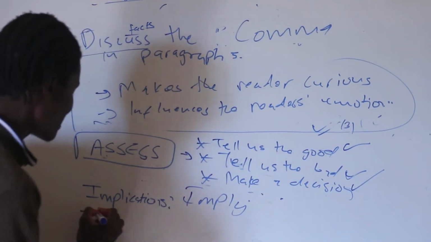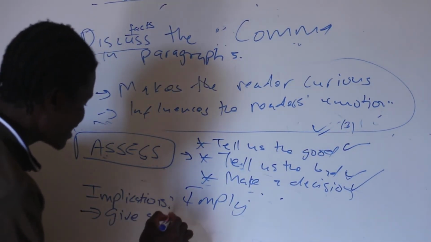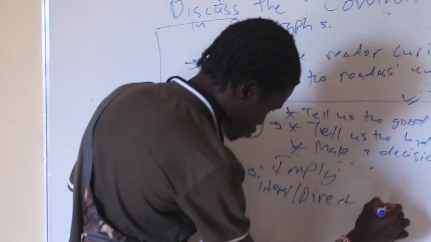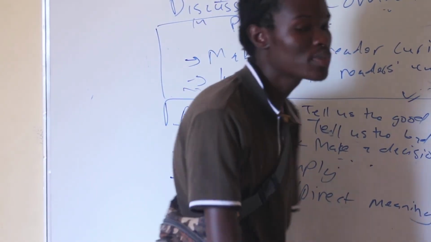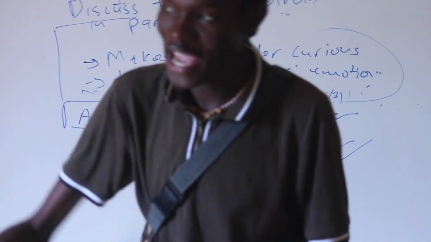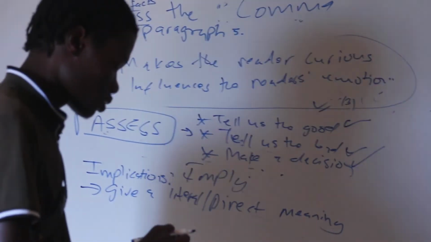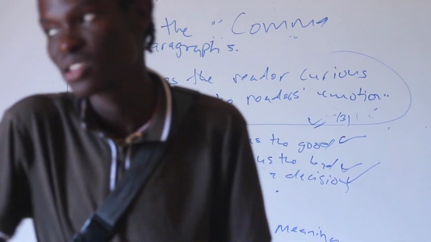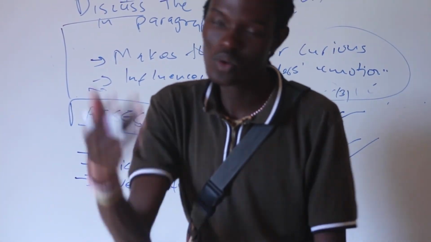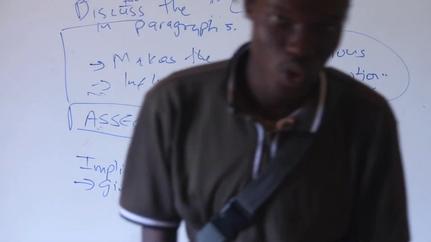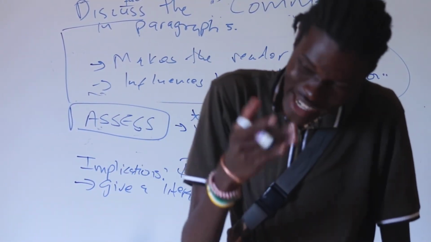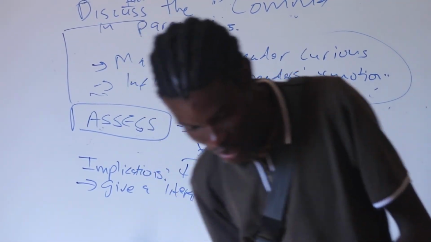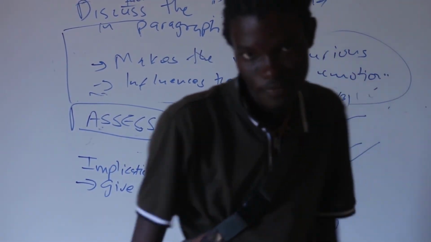So they're basically saying give a literal or direct meaning. When they say give the implications, tell us what we are implying by doing 1, 2, 3. What do we mean? You understand? If I say you look like a rat today, someone can ask what do you imply? It means what am I actually saying? So you must be able to see what the writer wrote and try and bring it back on track, literally. That's what implications mean.